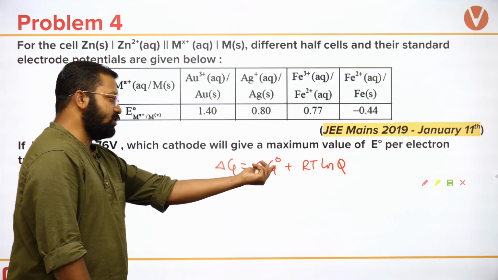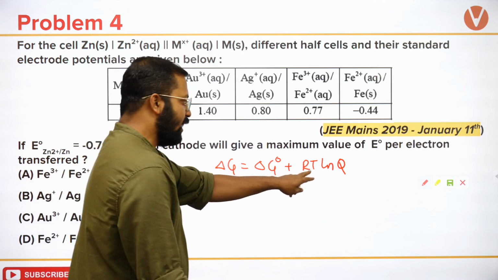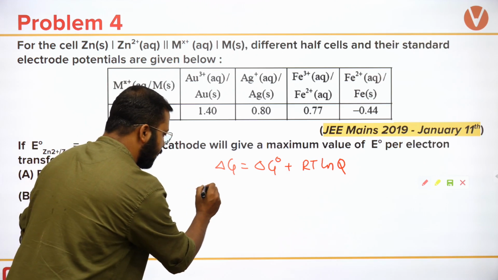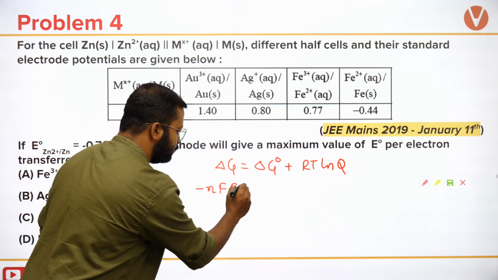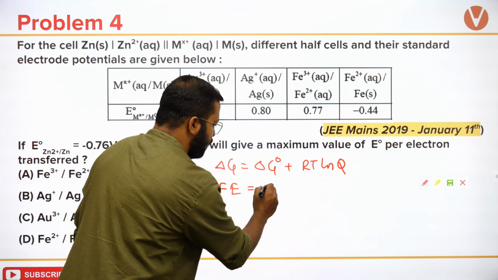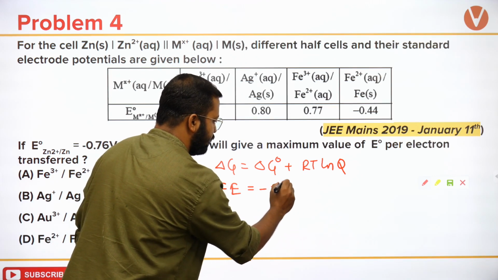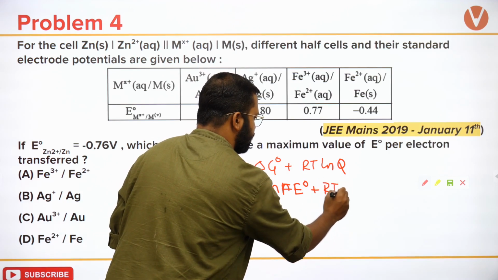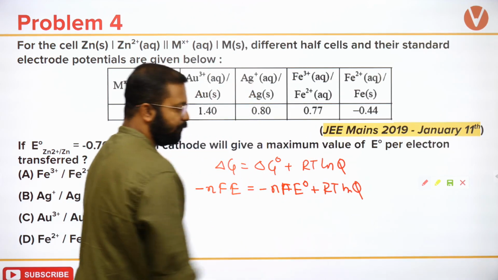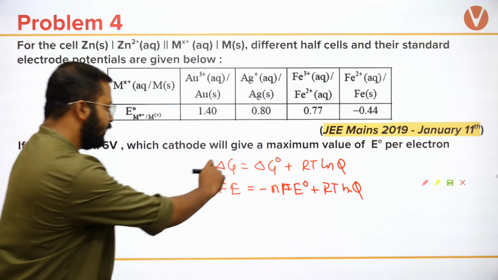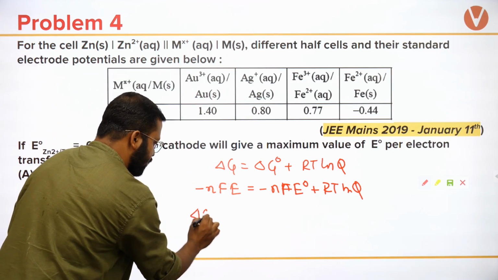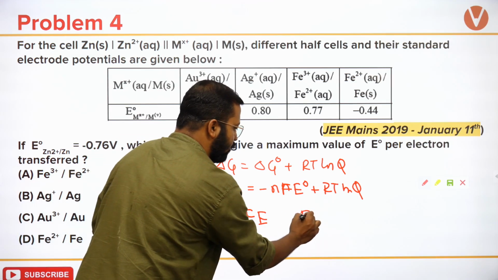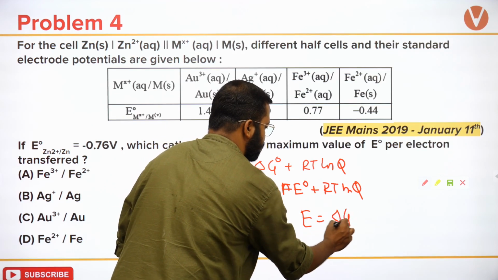This is free energy, the standard free energy change, RT ln Q. Now, if I substitute delta G with minus NFE and delta G naught with minus NFE naught, then doesn't it look like E is equal to delta G upon N?